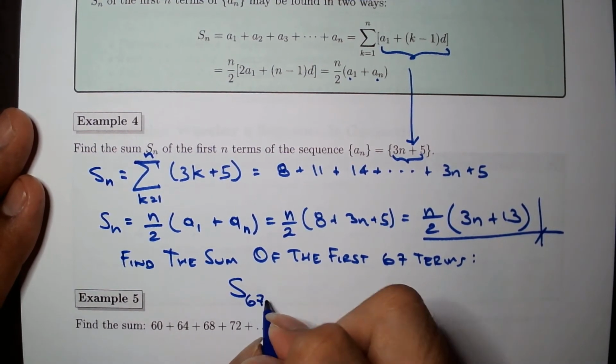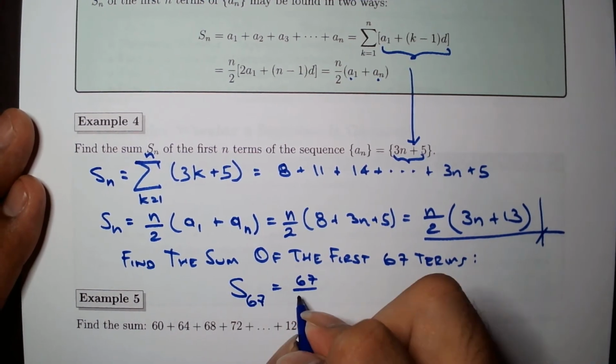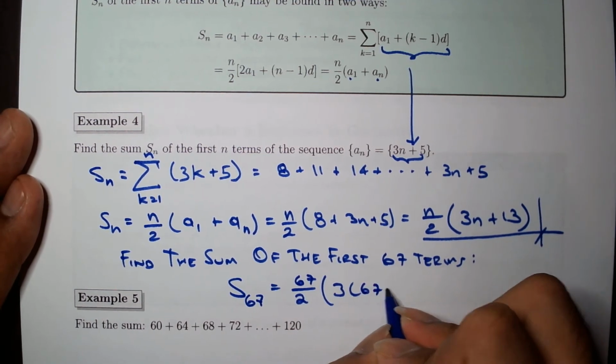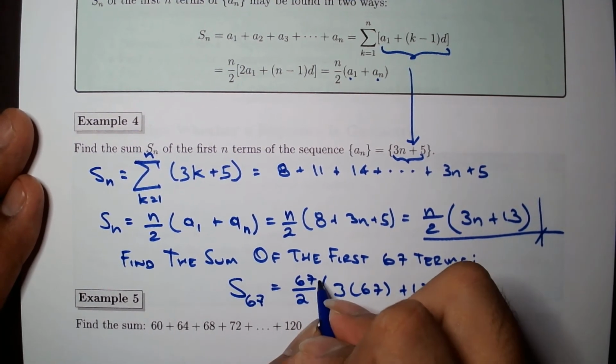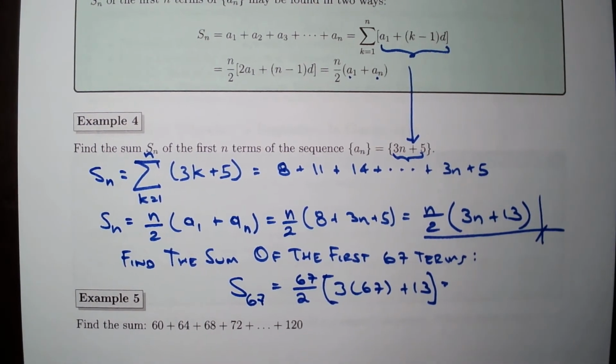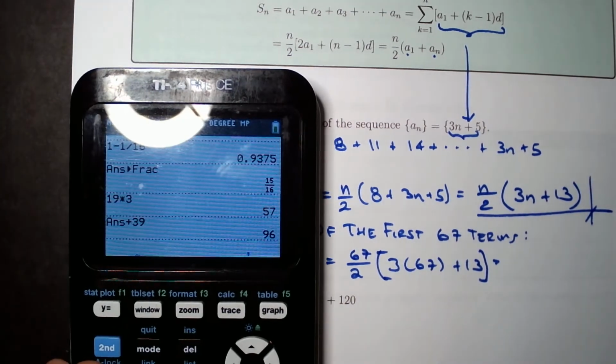67 equals 67 over 2 times 3 times 67 plus 13. All right, and if we simplify this, well, let's use the calculator to simplify this expression.